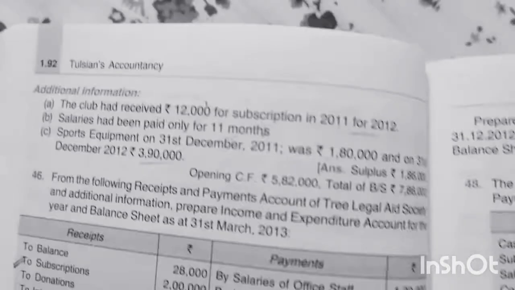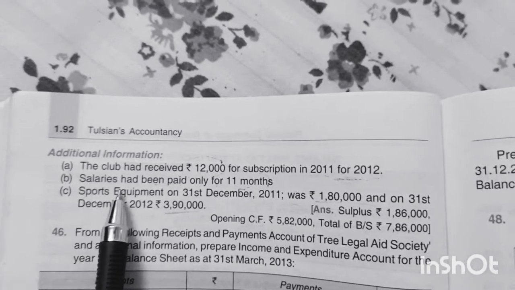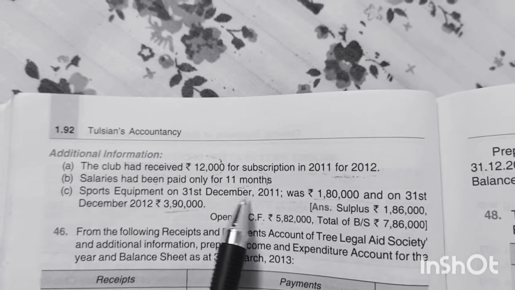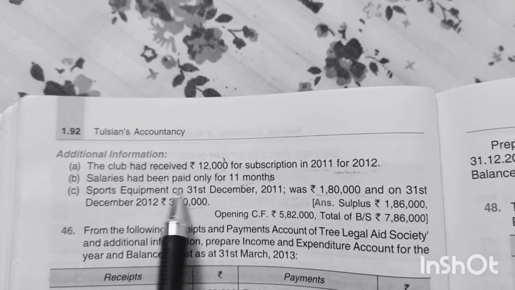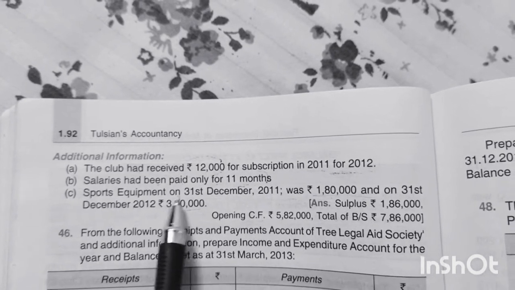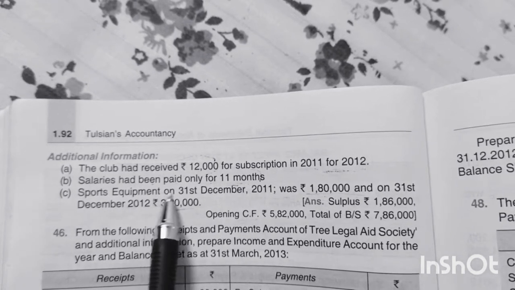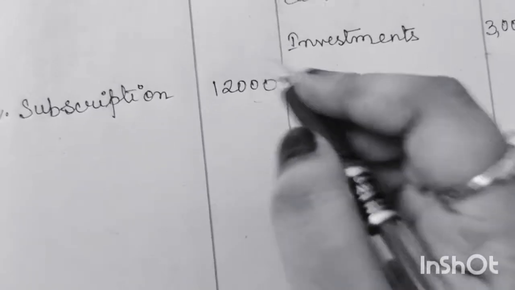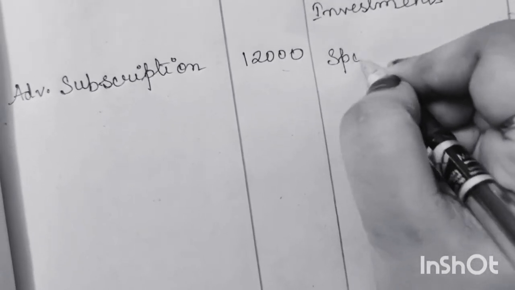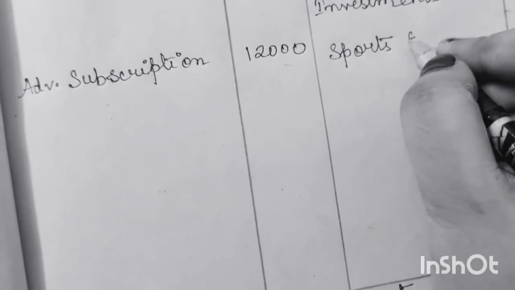Now come to the last adjustment. Sports equipment on 31st December 2011 was 1,80,000. That means this is the opening balance of sports equipment. So this will go in the opening balance sheet, and sports equipment is an asset, so we'll write it on the asset side.